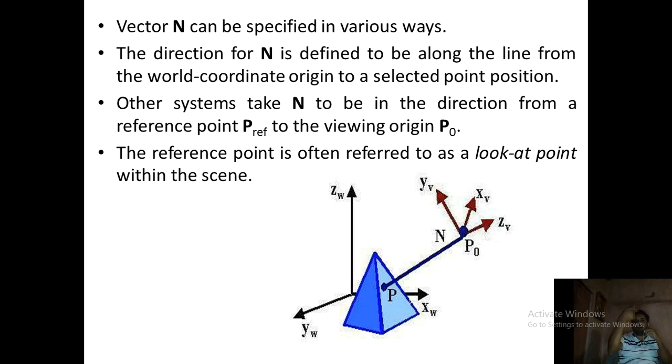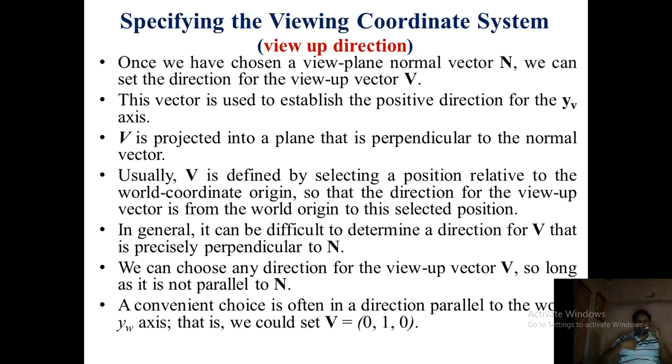Reference point to viewing origin, that is P1. Both ways, both directions, you can set that normal. Either from this plane to this, or from that object to this, right? The reference point is often referred to as the look-at point within the scene. This is how to set the camera, right?